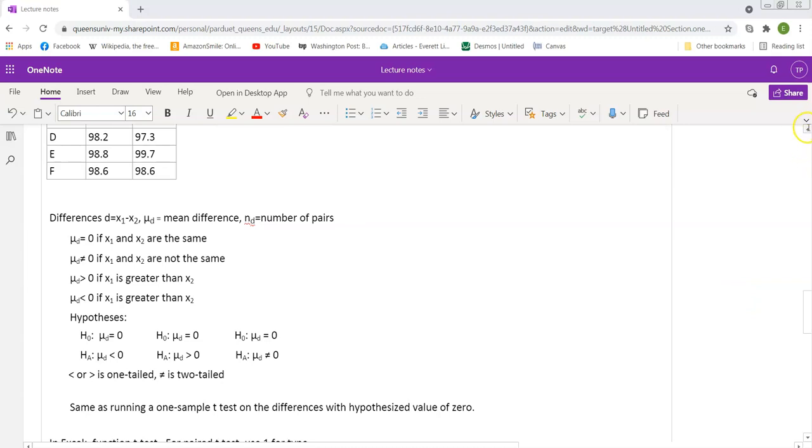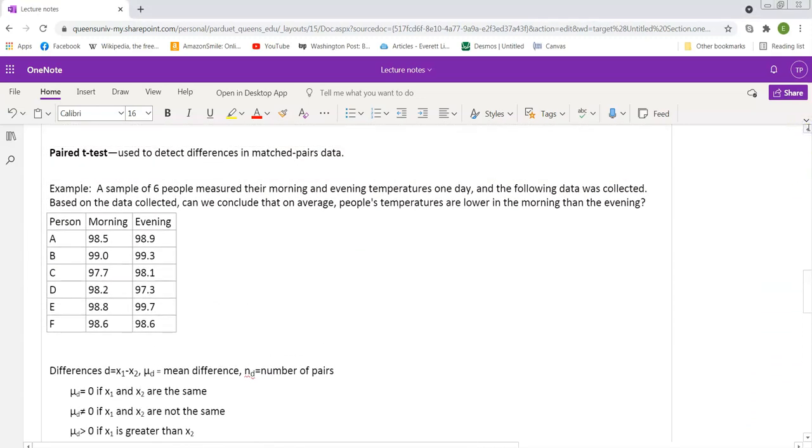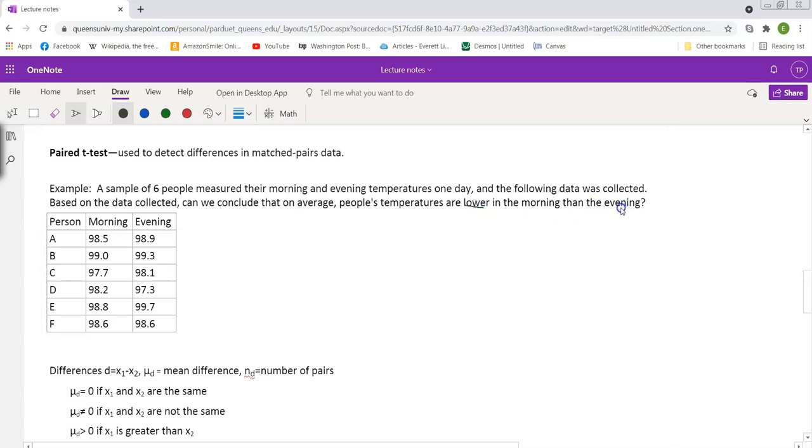So let's go back up here and look at our data and see whether we're doing a one-tailed test or a two-tailed test. Here they're saying, can we conclude that the temperatures are lower in the morning than in the evening? So we're going to calculate our differences as morning minus evening, just because morning comes first.